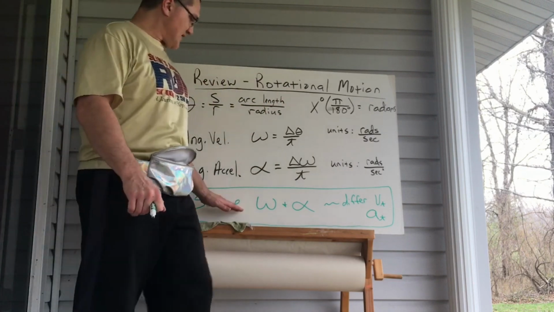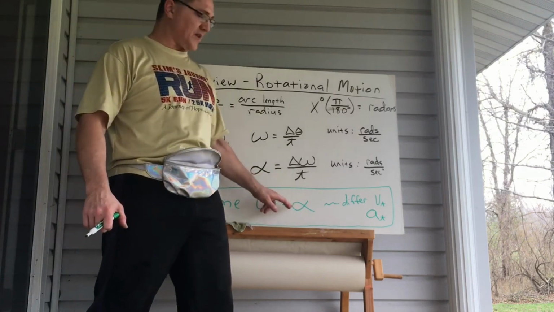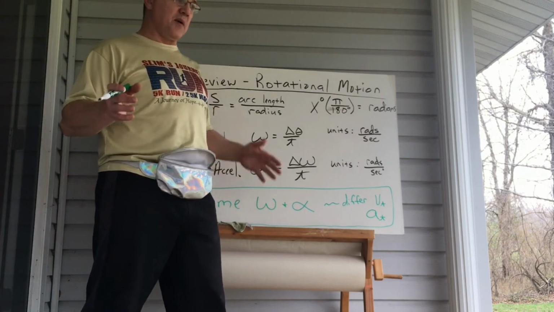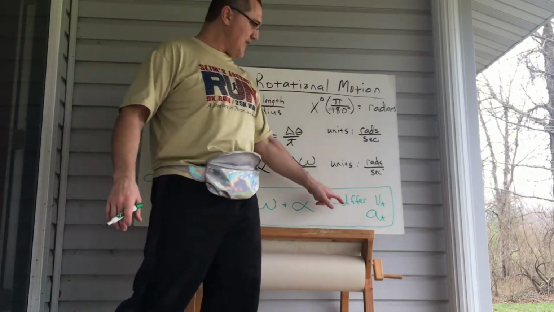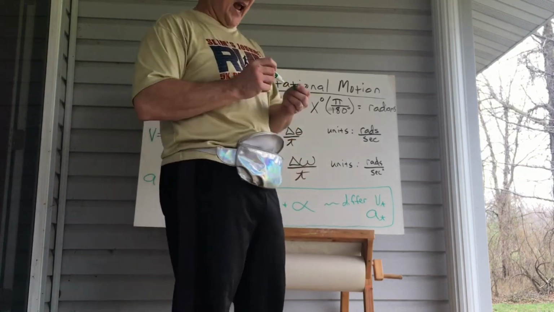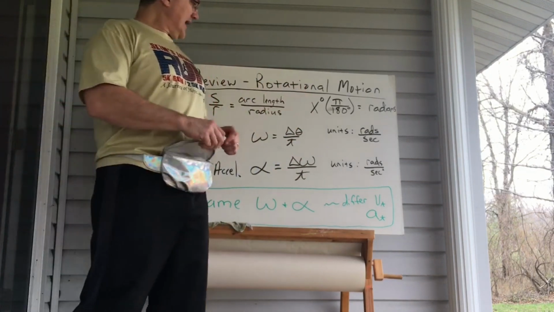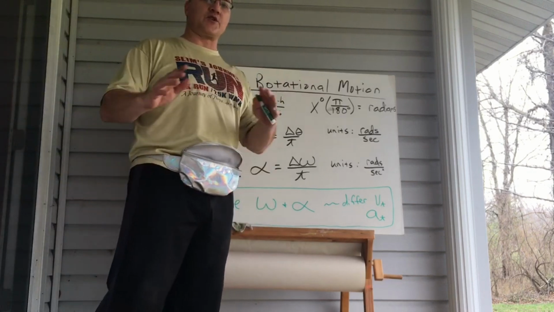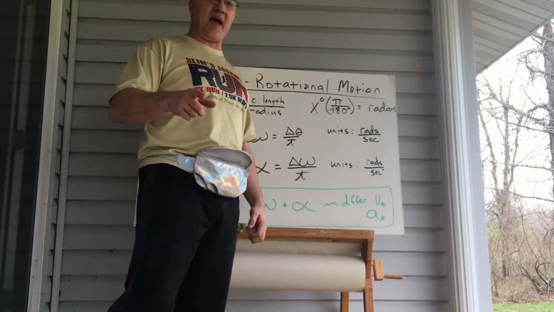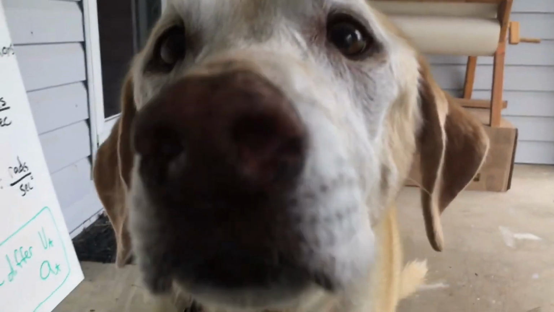So we have the same angular acceleration and velocity as it spins, but because of the radius changing, that gives you a different velocity and acceleration for the tangential values. If we're okay with that, we're going to trade boards and then we'll be back in 1 minute.